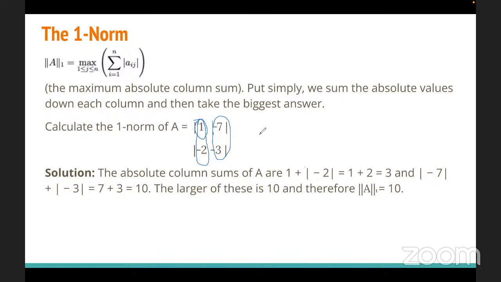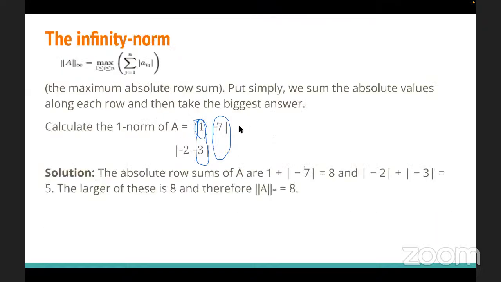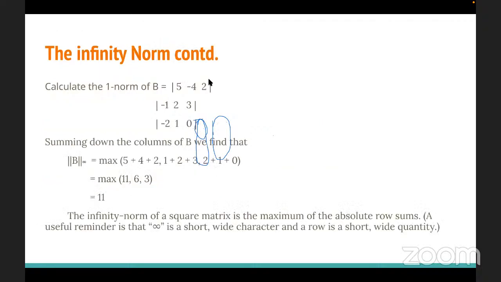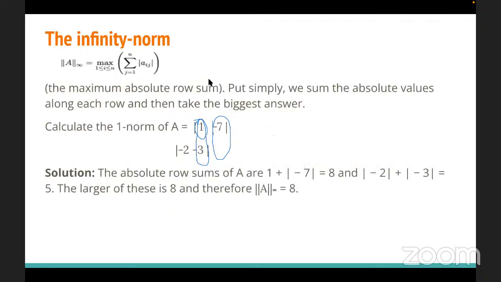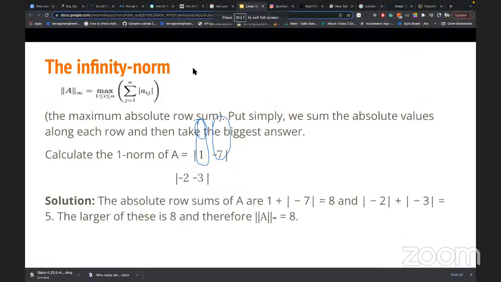Let's see another example. I think I have an example here. Okay. So look at this matrix again. This is one. Oh, I thought I had 2 examples. Yeah, sorry. So now this is another matrix. Let me adjust my slides.